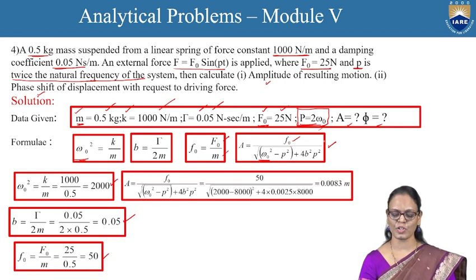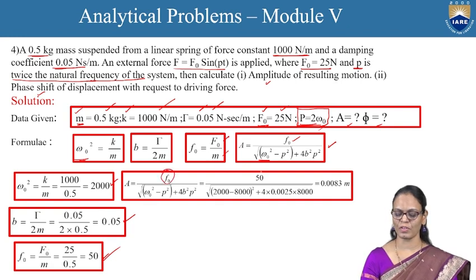So how are we going to substitute? f naught we have got as 50, so in place of f naught we put 50. And omega naught square is what? 2000. So in place of omega naught square we put 2000.